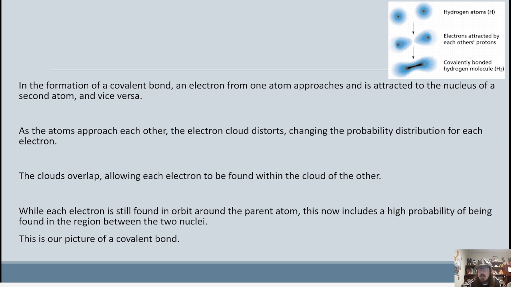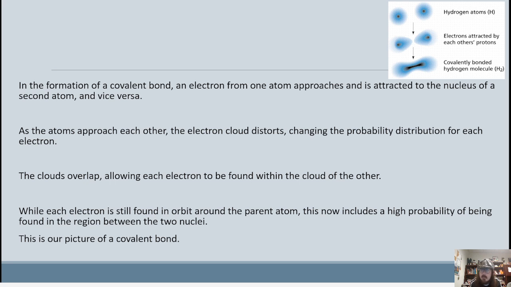Well, as 2 atoms approach each other, the electron cloud of one atom begins to become attracted to the nucleus of the second atom, and vice versa. So the electron cloud starts to distort so that the electron can get some of the beneficial, attractive benefits of getting close to the new nucleus.